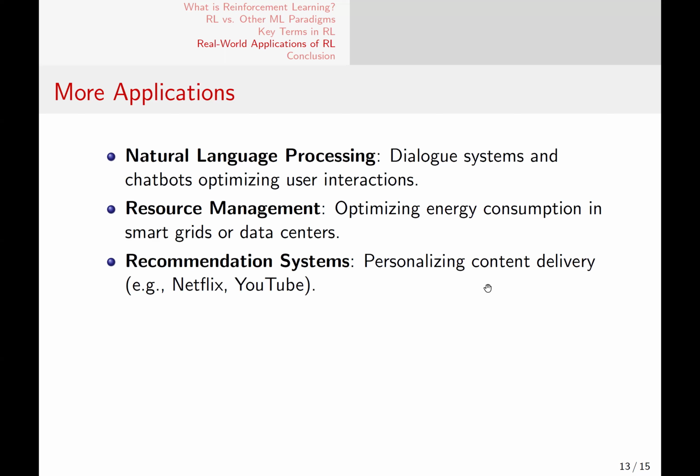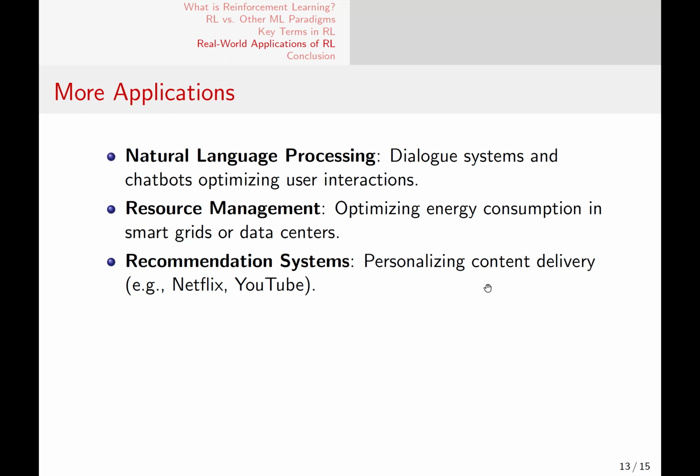So whatever you feed the AI will determine how, for instance, if you have used ChatGPT for some time, by the time you go back there and ask, what can you say about me? It knows the kind of information you have fed it over time. So that's technically maybe not reinforcement learning, but something close to that, right? Because you can even have dialogue with it. So dialogue systems and chatbots optimizing user interactions, that's the basic idea I'm trying to explain.